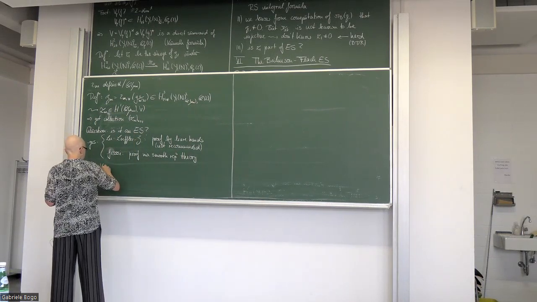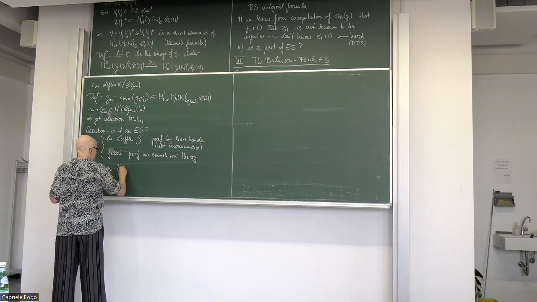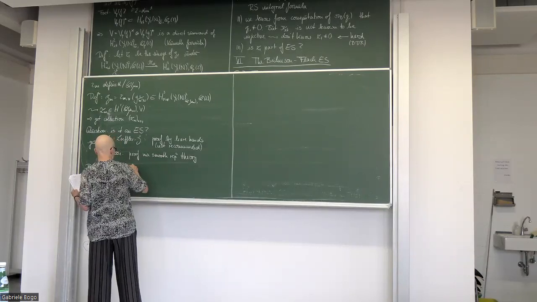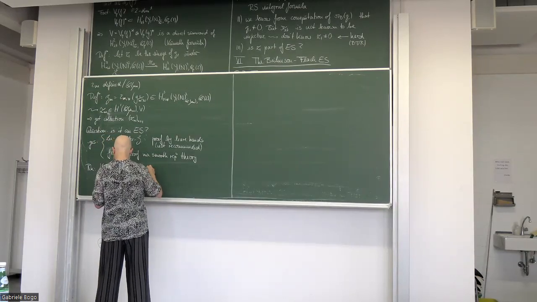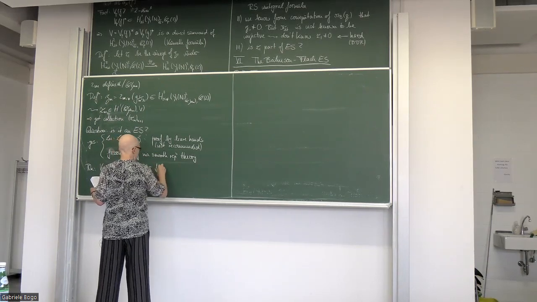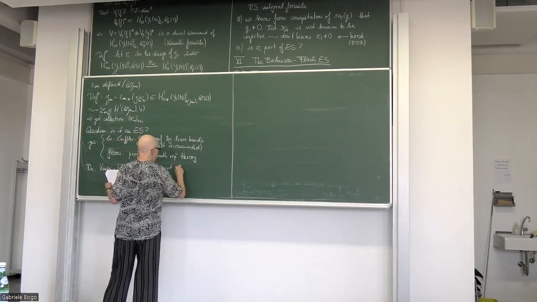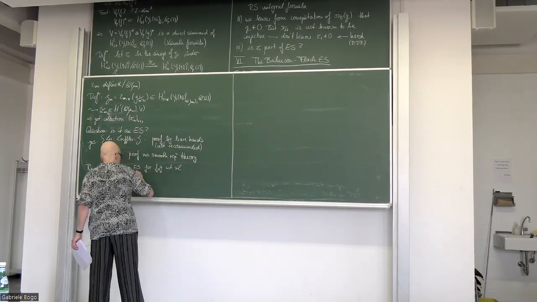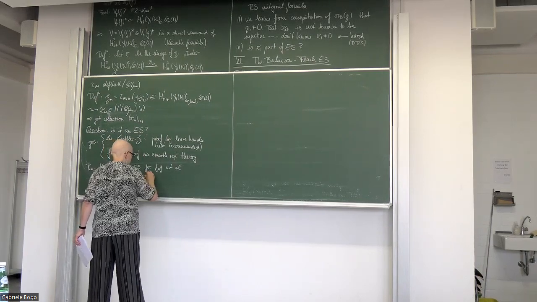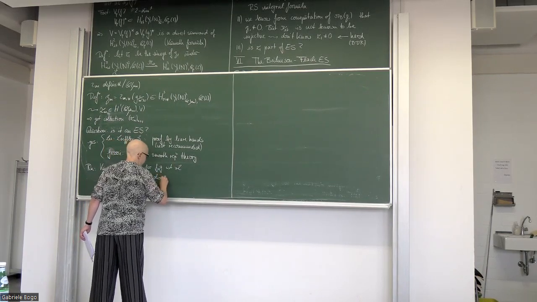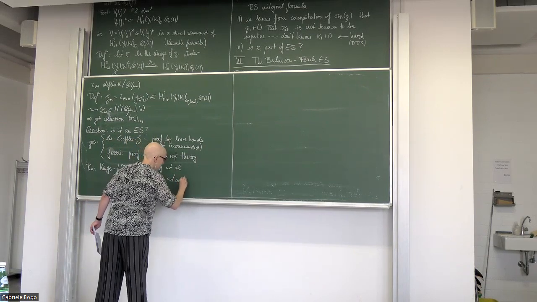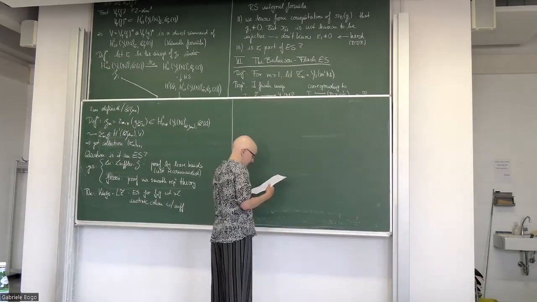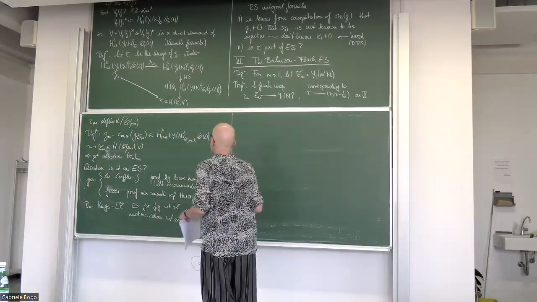So together with Kings, David and I constructed an Euler system for f and g of weight greater or equal to 2. So this involves some motivic cohomology with coefficients. But the idea is already there in the case when f and g are weight 2.